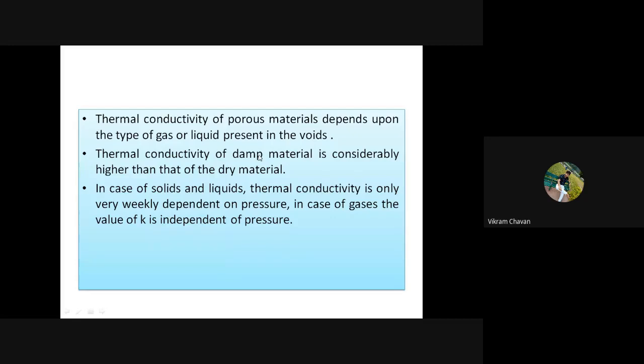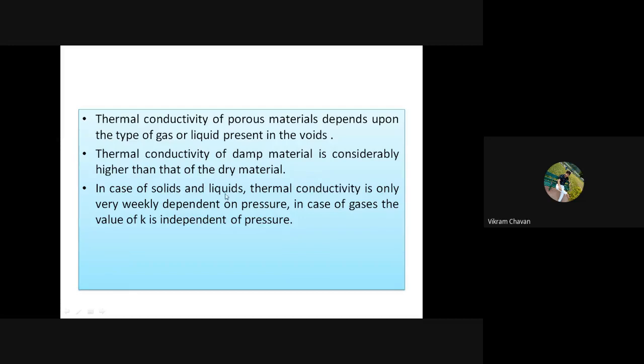Damp means wet, moistened. If liquid is present in the material, we call it a damp material. So the thermal conductivity of a damp material is considerably higher than that of the dry material.